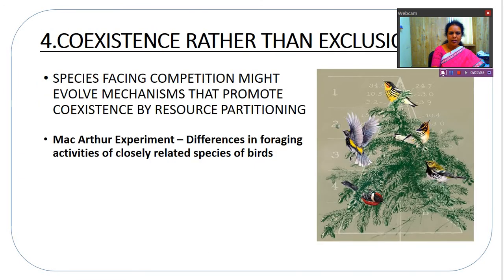And the next one is coexistence. So when organisms are living together, it is called coexistence. Competition is there. It does not mean the competing organisms always kill the other one, but sometimes there is coexistence. So always the species try to coexist even though there is competition.